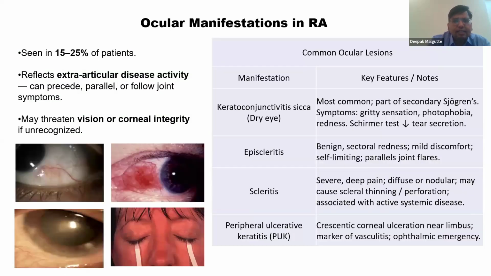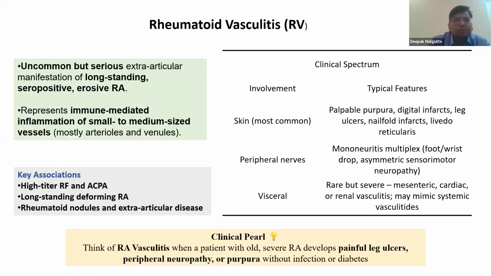Other than ocular manifestation, rheumatoid vasculitis is one more, which with advance of all the treatment we have now has decreased in prevalence. But it is usually seen in patients who have long-standing rheumatoid arthritis, and when they develop rheumatoid vasculitis, at that time their articular involvement usually goes into remission or a mild disease, and they have more of a vasculitis presentation, which can be a small or medium vessel vasculitis.